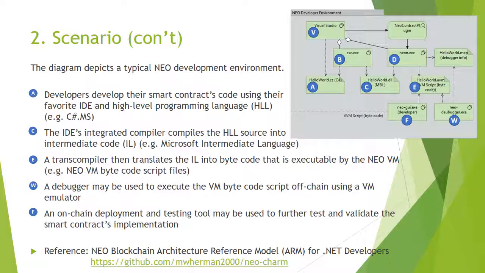If we think of the life cycle of developing, deploying, and testing a smart contract in C#, developers start by developing their code using their favorite IDE and high-level language. In this case, it'd be C#.ms. So A represents the C# source code, let's say for the Hello World smart contract.